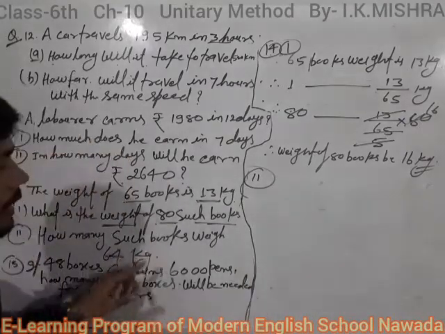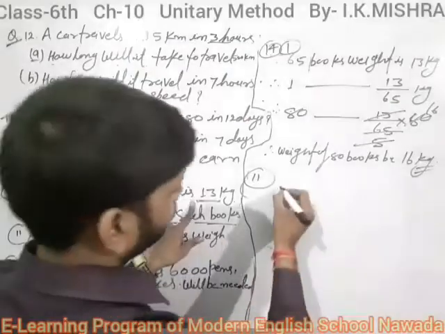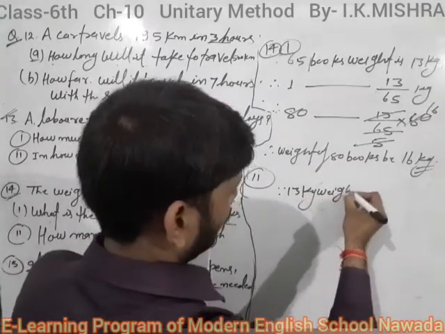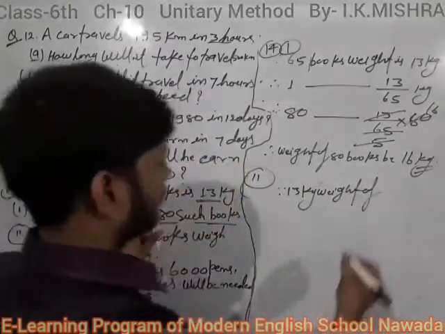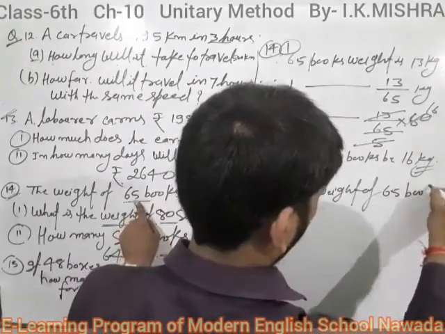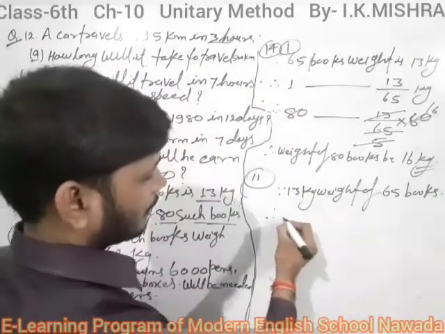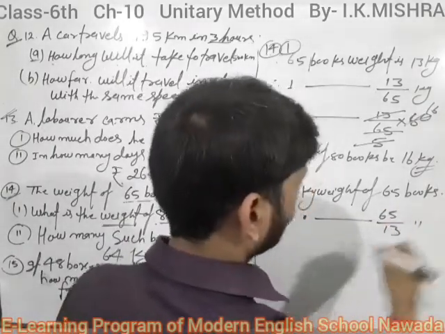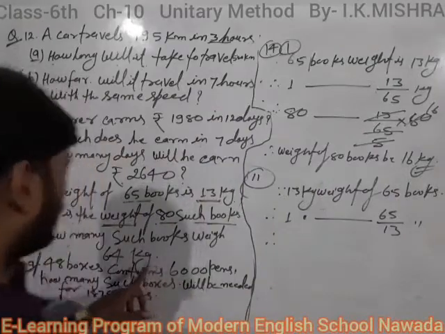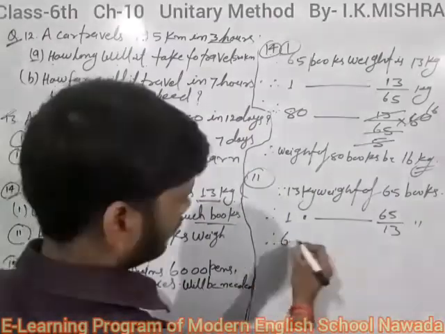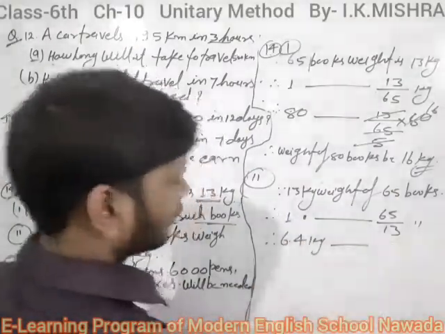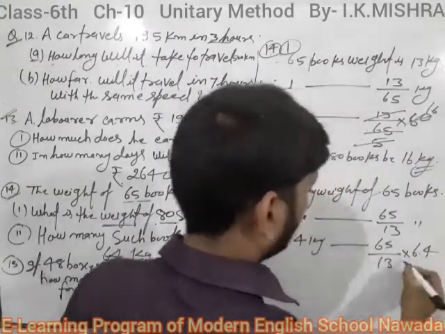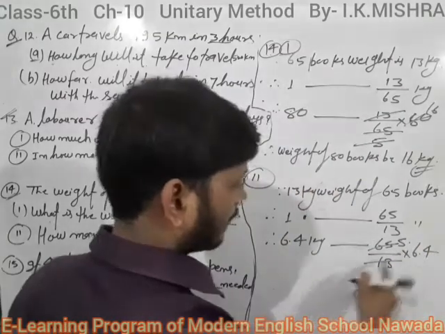Friends, here write the statement. Here 13 kg is the weight of 65 books. Clear? So friends, here 1 kg weight is for 65 by 13 books. So friends, here the question is at 6.4 kg. 6.4 kg weight will be 65 by 13 into 6.4. Here it will be divisible by 5 times and multiply.